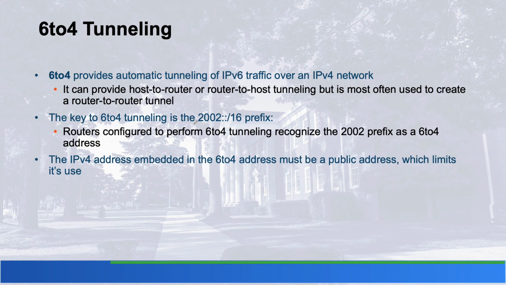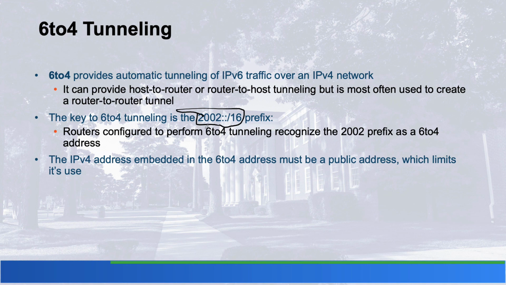6-to-4 tunneling provides automatic tunneling of version 6 over an IP version 4 network. So what they do with that is they take and they put this prefix in front of the version 6 packet, and then I think it uses your IP address as the rest of this address here.